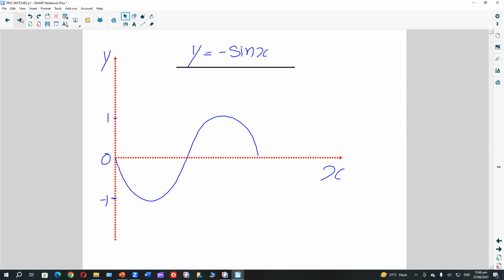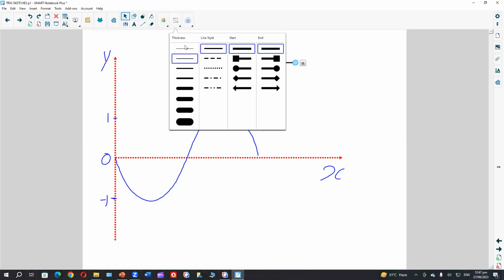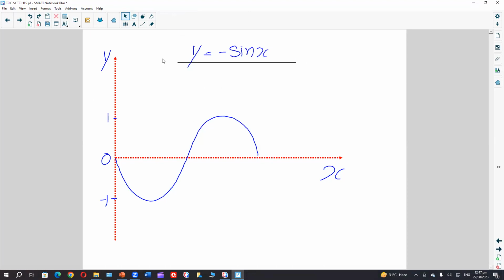Now you have to copy this sketch. Negative sign means flip the sketch. Carefully see what is the change. Normally when you draw a sine graph, the first loop is above the x-axis and the second loop is below the x-axis. Can you see the flip?